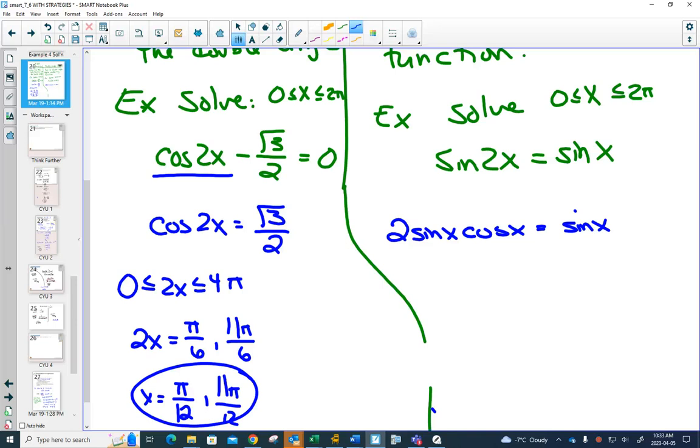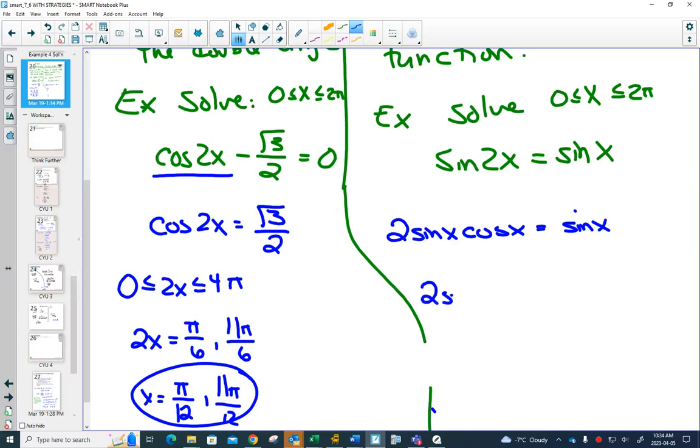And now I have an equation with more than one trig function, so I have to think of the strategies. Can I change everything to just sine or just cosine? Unfortunately not. You can change cos squared to 1 minus sine squared, but you cannot change cos to 1 minus sine. So then I have to go to the other strategies. Can I factor this? Yes.